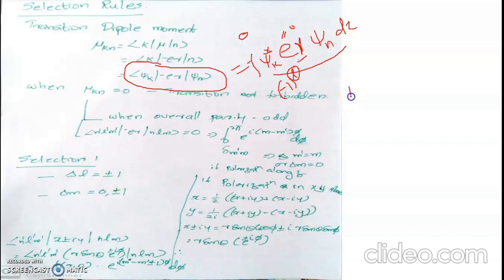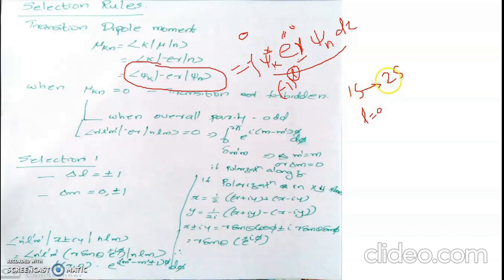Now consider the transition between the 1s state and the 2s state in hydrogen or in any other system. Transition of an electron from the 1s state to the 2s state. Will this be permitted or not? I'll tell you that this is not permitted because S has an azimuthal quantum number L equal to 0.